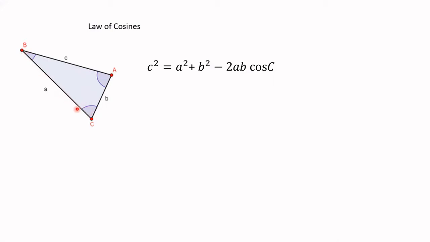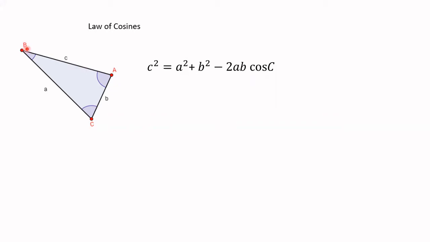Lowercase a is the length of the side that's opposite angle A. And there are 3 relations you can write down using the law of cosines applied to this triangle, and you would just permute the letters. So right now we're going CAB. You could then go ABC or BCA, but look how this equation works.